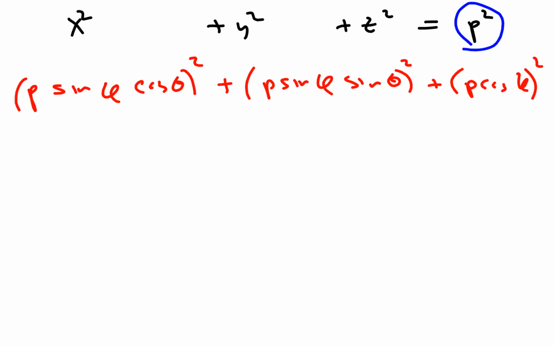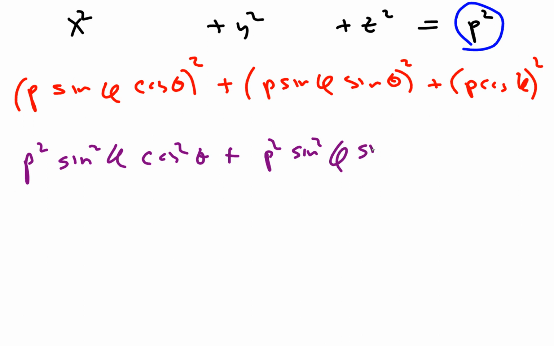Let's keep going. So here, this is going to be rho squared sine squared phi cosine squared theta plus rho squared sine squared phi sine squared theta plus rho squared cosine squared phi.